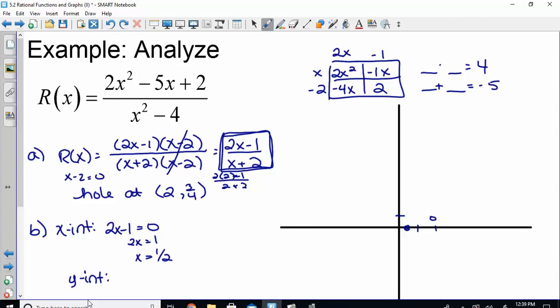Okay, how do we find the y-intercept? Set x equals 0. So if I plug in a 0 for all of my x's, we get negative 1/2.